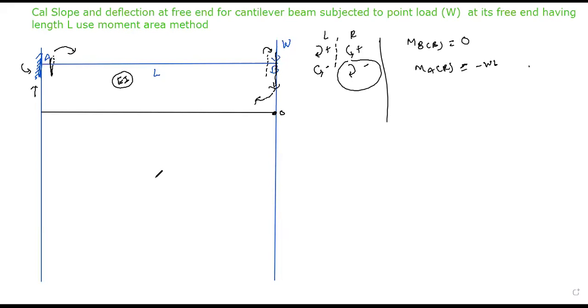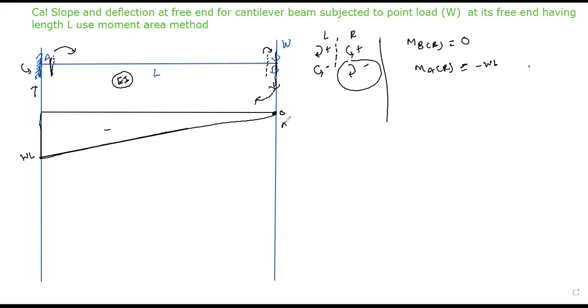Yes, inclined line, exactly. Because there is no load, the shape of the bending moment diagram between A to B is an inclined line, and its value is nothing but W into L. Minus, because your moment is negative.